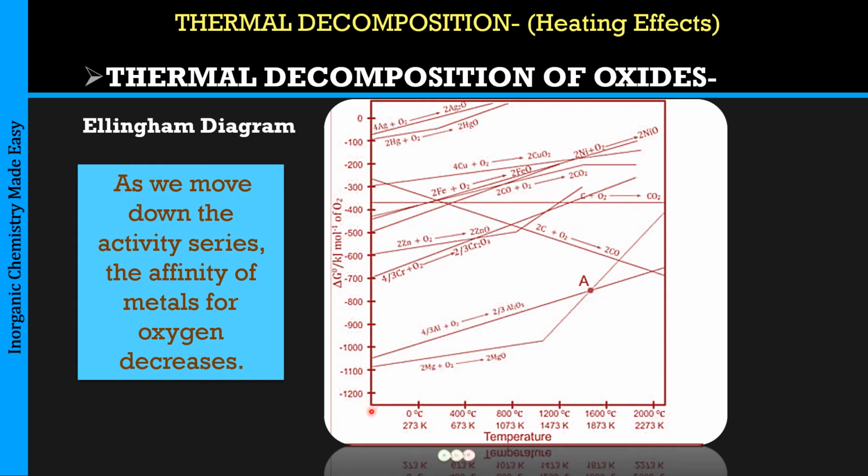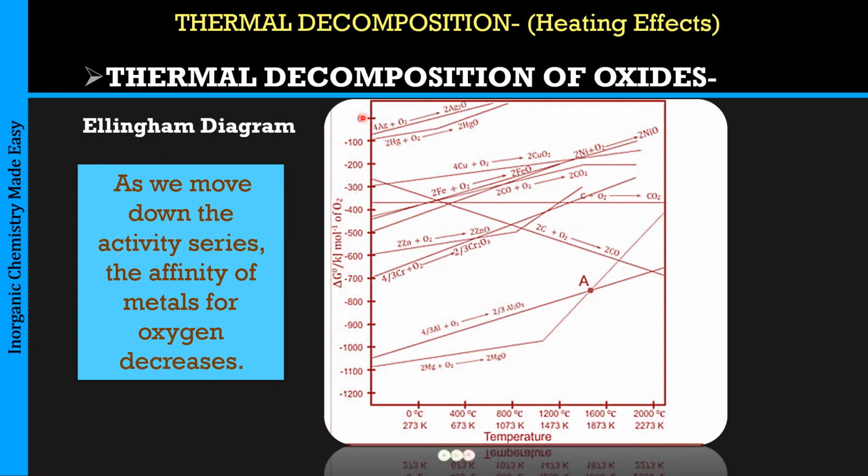So here what we have is increasing temperature on the x-axis and delta G on the y-axis. And these delta G values are for the formation of the metallic oxides from the corresponding metal and oxygen. All right. So as we go up the y-axis, the delta G values are increasing. They are going from negative to positive.